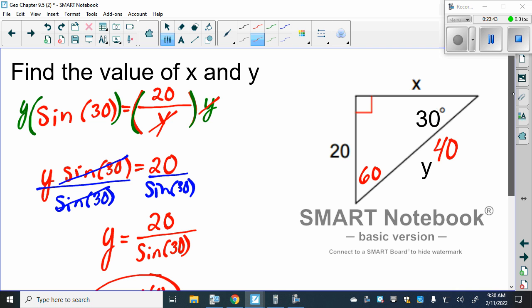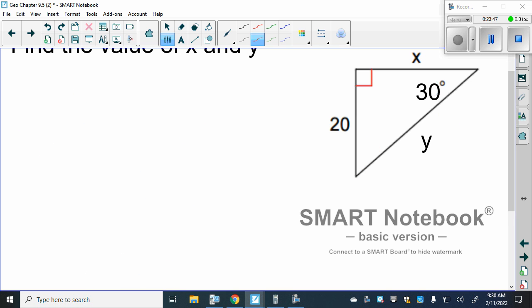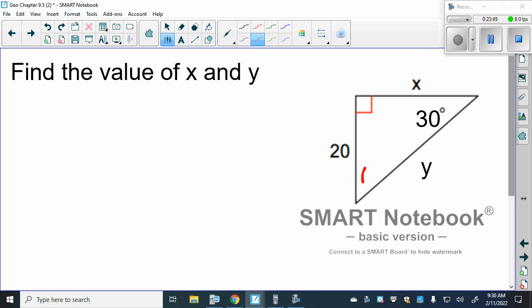We can, yes. So I'm going to erase this here so I have room. If we have found that angle, we can say that sine of 60 degrees is equal to what over what? X over 40.